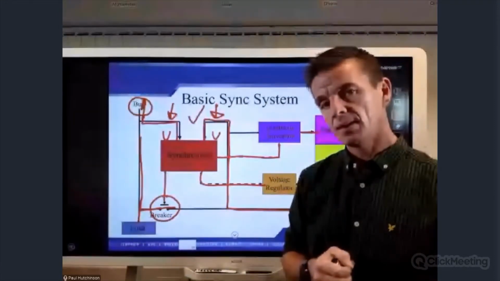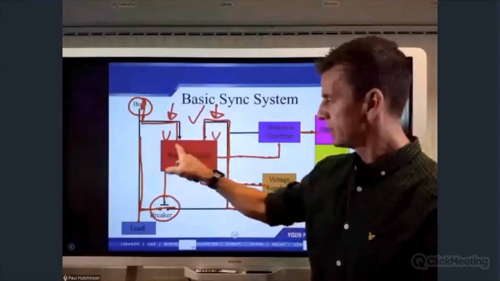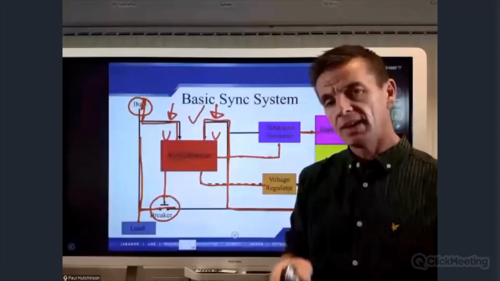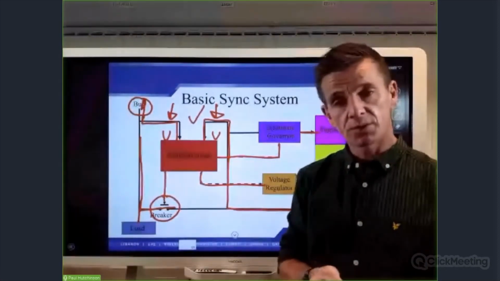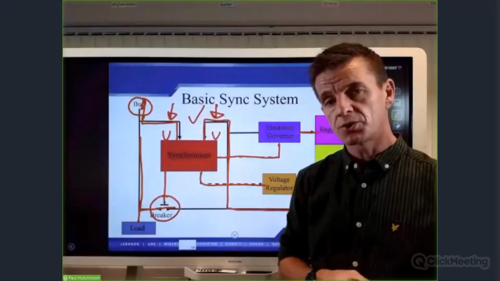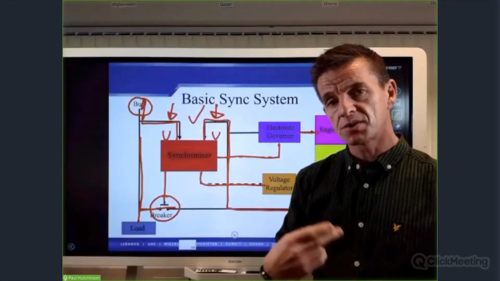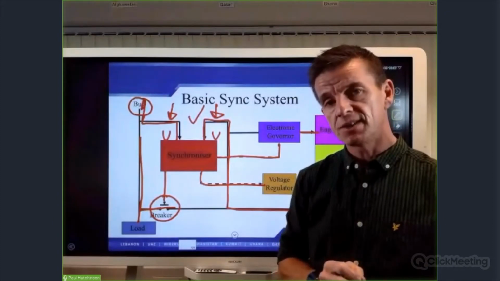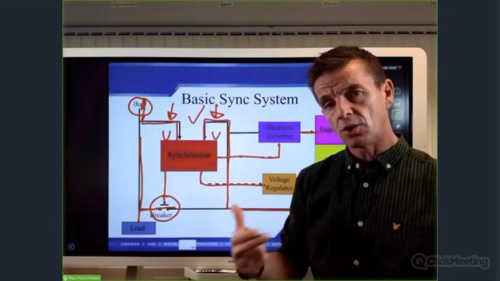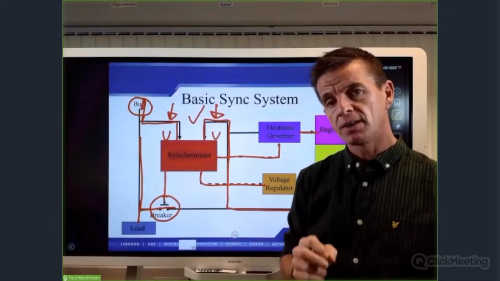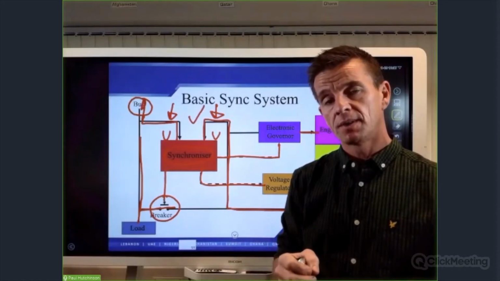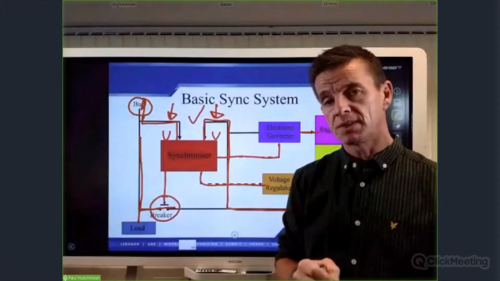The controller continues to monitor that throughout the whole time. It is in sync, or parallel, if you want to call it, with the other source. It's constantly adjusting to ensure that everything stays as it should be, and it operates according to the set points or the operating mode that has been programmed into it.